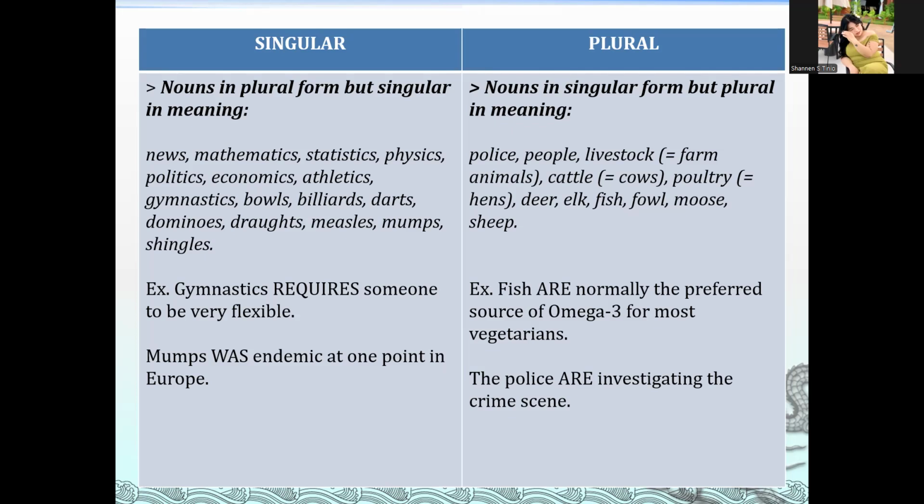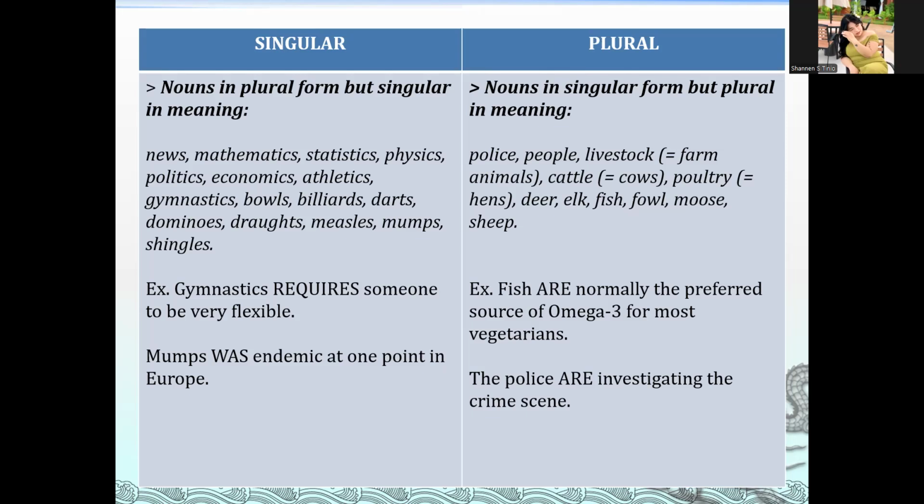The police officers are or is investigating the crime scene. Sino sumagot ng is? Mali. So the right answer is are. Kasi officers, marami. The police officers, nilito ko lang talaga kayo guys. The police officers are investigating the crime scene.